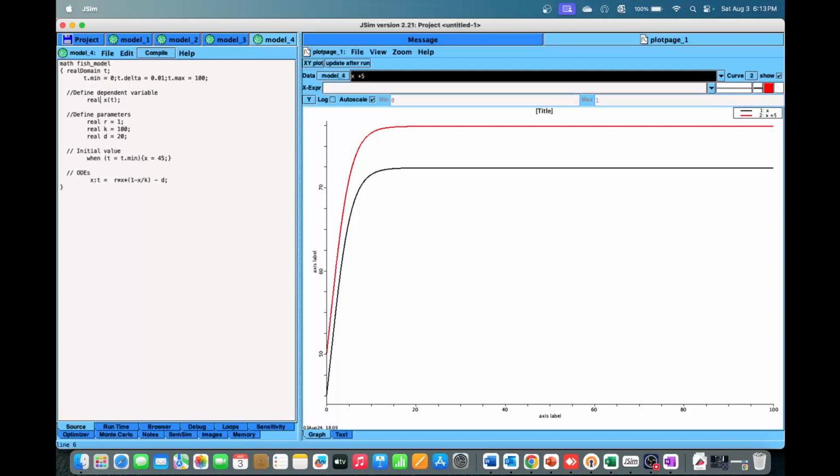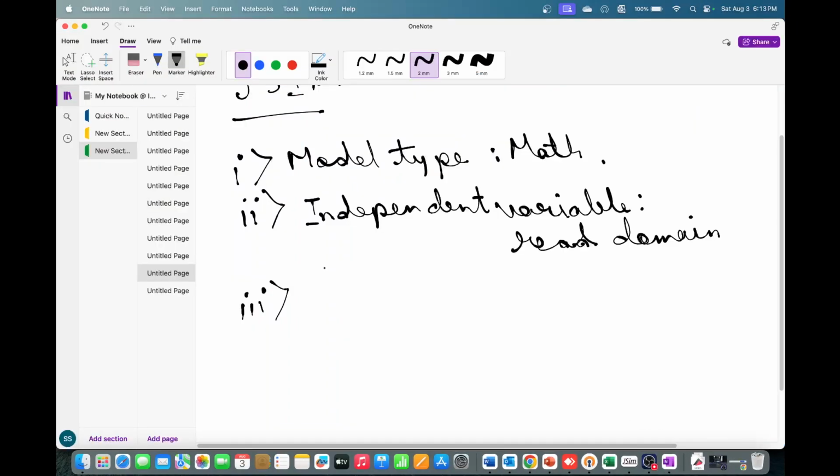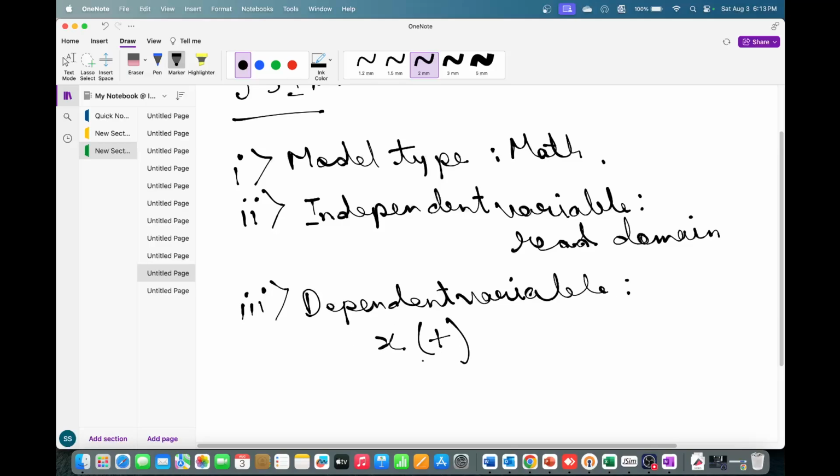Just remember the syntax of the dependent variable, how you define it. It's basically given as x of t. The moment you put it like this, the program assumes that x is a function of t, so it's dependent on t. So this is how you define dependent variables.